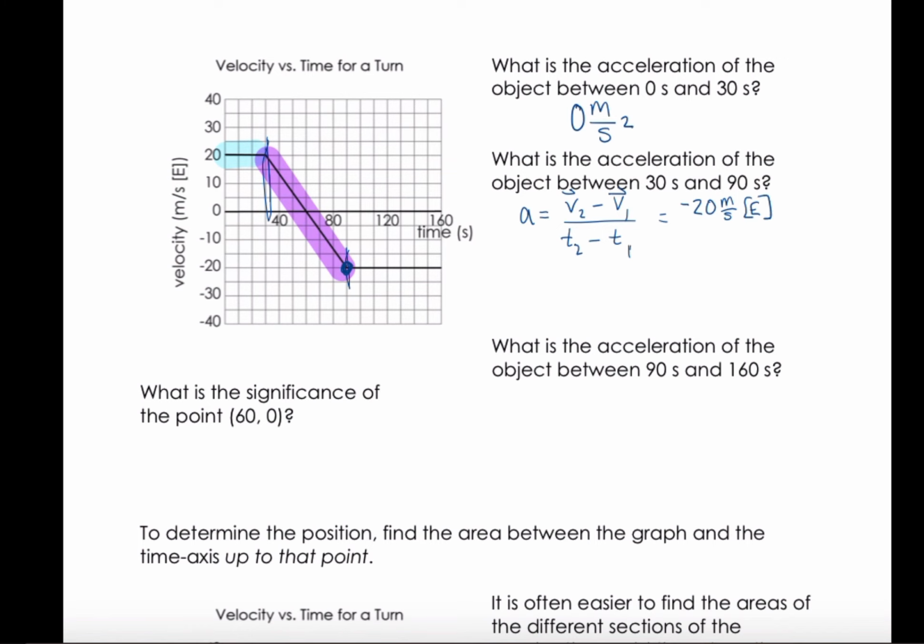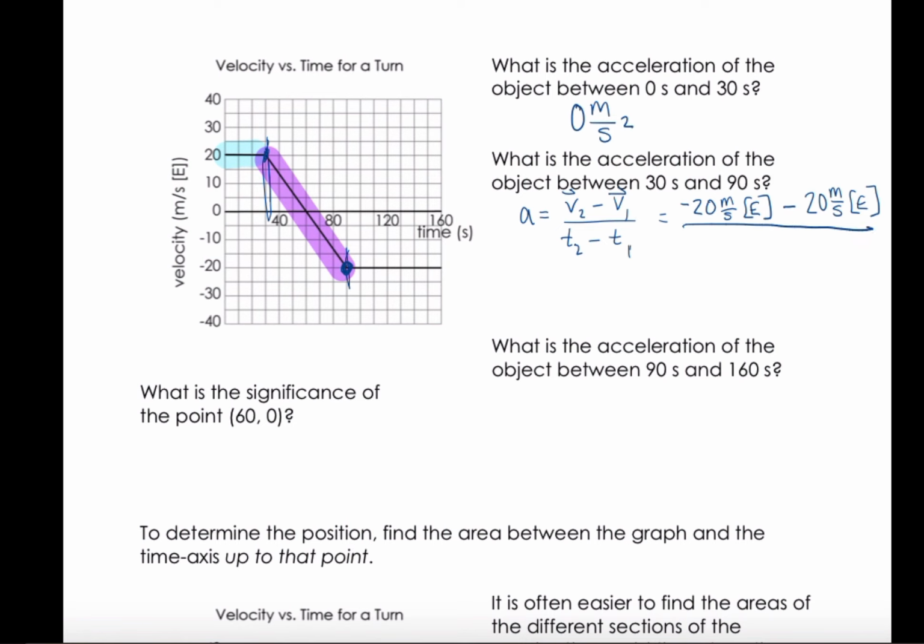The reason I'm not changing this to west is because I need my units to be the same in order to actually subtract them. For my initial velocity, it was positive 20, so positive 20 meters per second east.